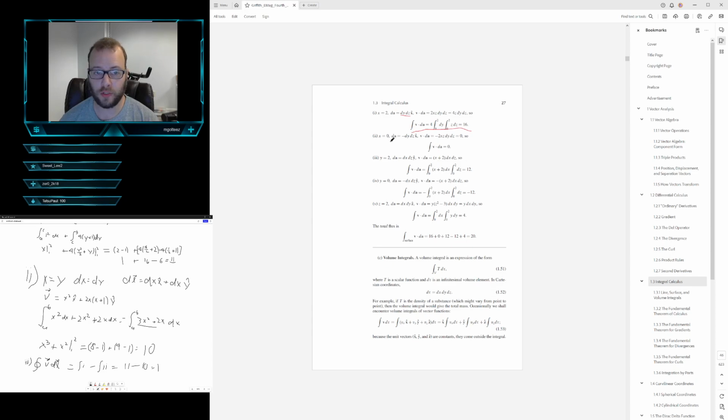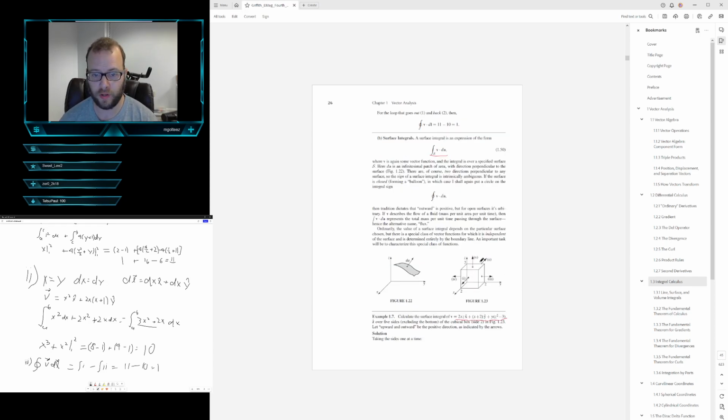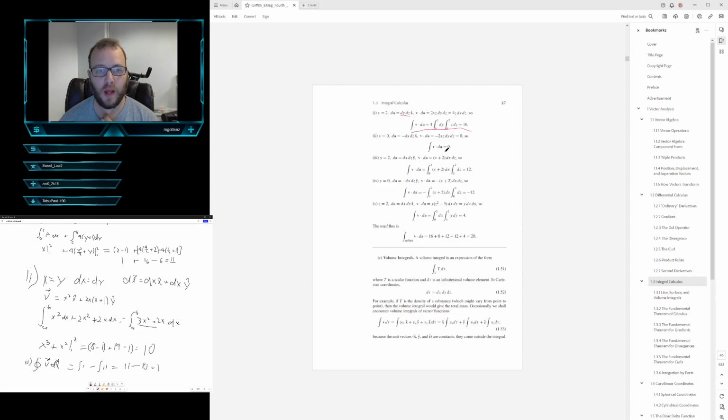For part 2, our x is 0. So 1, 2, 3, 4, and then 5 is up. So again, x doesn't change, so we keep that constant. We plug in the value of x, define what dA is, and then solve.